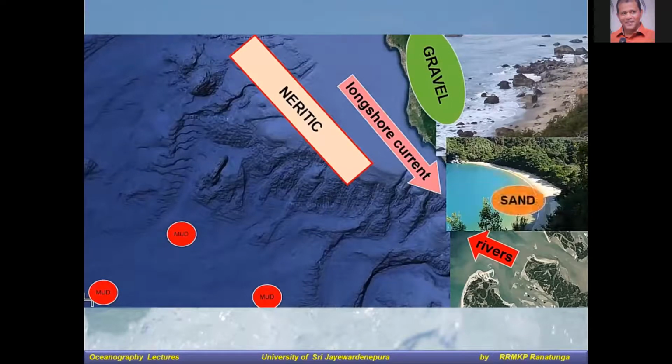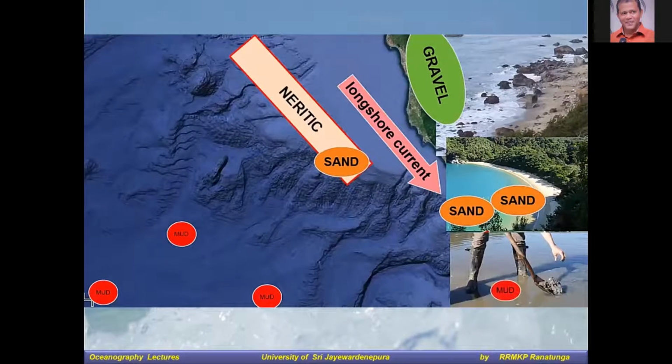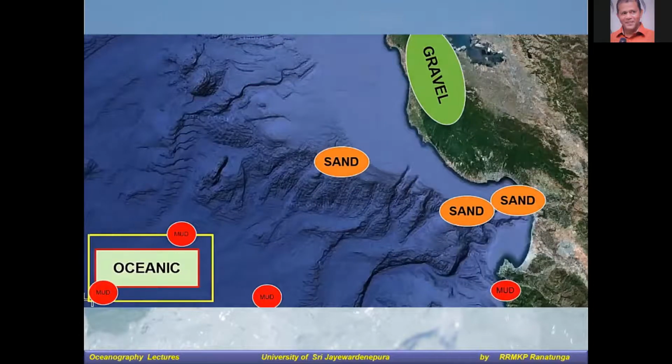Fine sands collect in medium energy coves and can be carried out to the edge of the shelf. Muds settle out only in closed-off, no-energy lagoons. Oceanic waters are deep with no currents that touch the bottom.